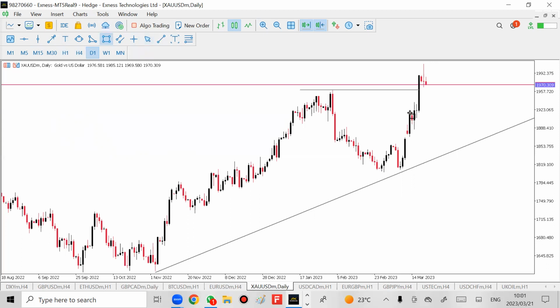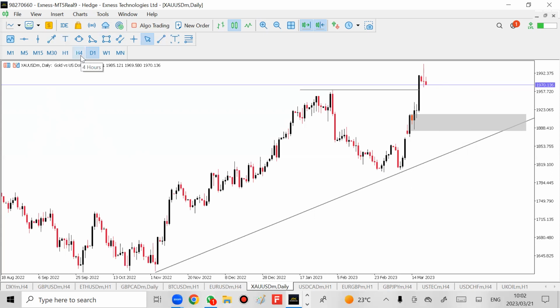So let's first mark our order block. This is the last candle before the break of structure on daily. So I've marked the demand area. I don't know if it's in a discounted area, but we shall see.